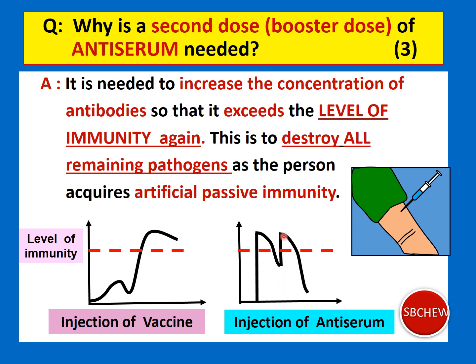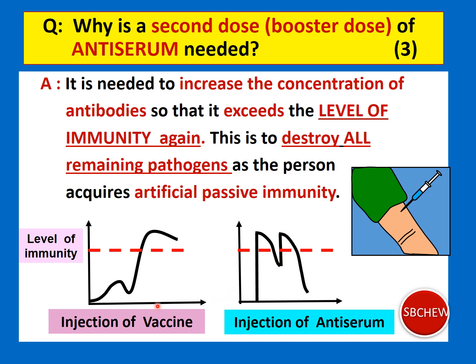So why is it given? It is needed to increase the concentration of antibodies so that it exceeds the level of immunity again, as we can see here. This is to destroy all remaining pathogens even as the person acquires the artificial passive immunity again, right? So the main reason for booster doses is to make sure that all the remaining pathogens are destroyed at the high concentration of antibodies.